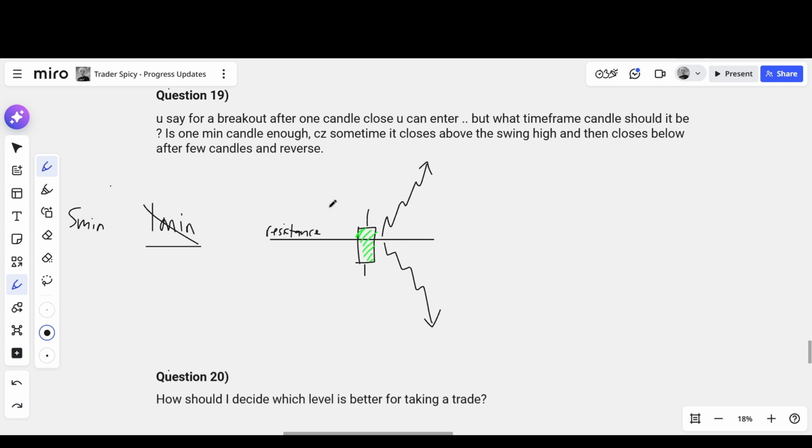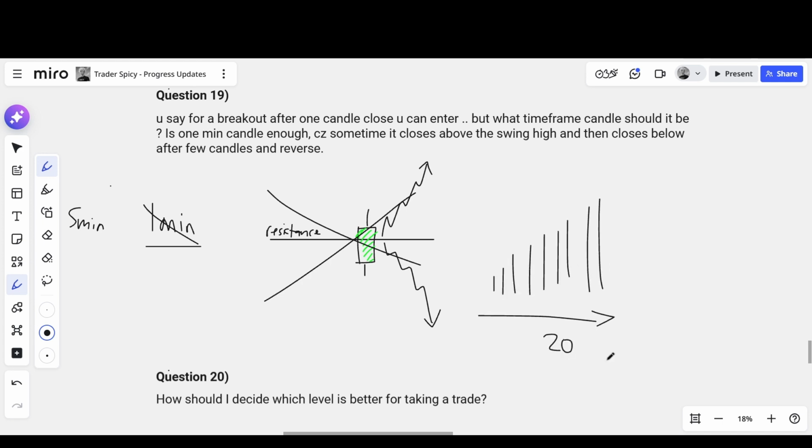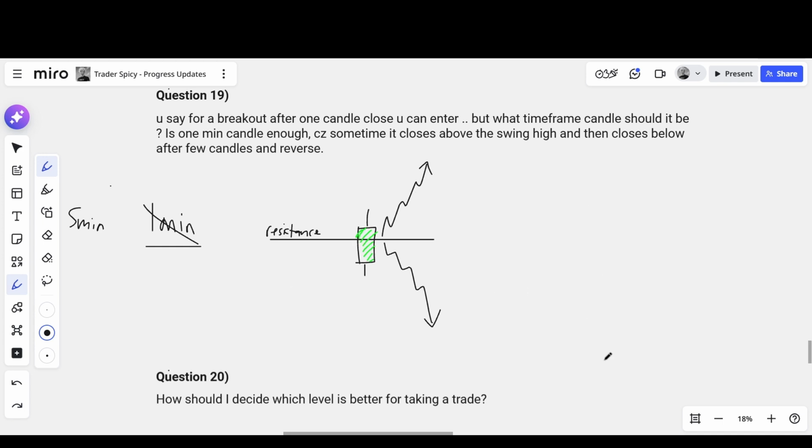If I say, let's ignore price entirely. In fact, I only want to focus on the crossovers of two moving averages. What if I ignore price-based indicators entirely and I say I'm only going to enter the trade if the volume was increasing for 20 consecutive candles? Then and only then am I going to consider entering the trade.